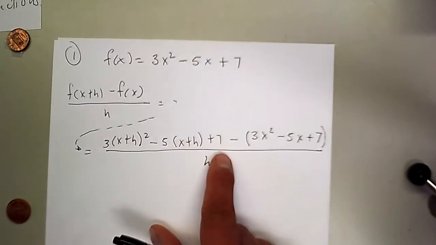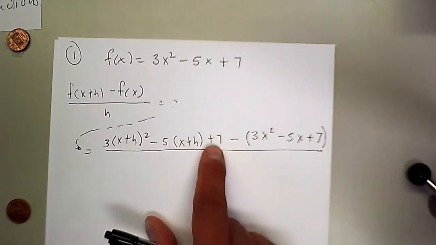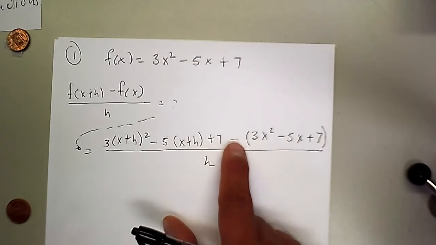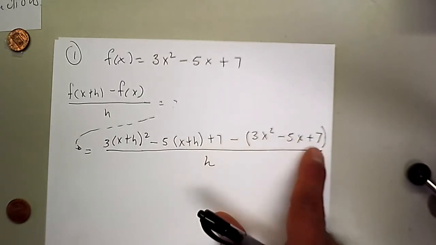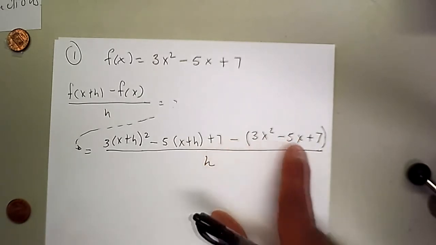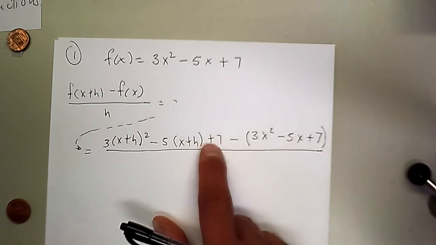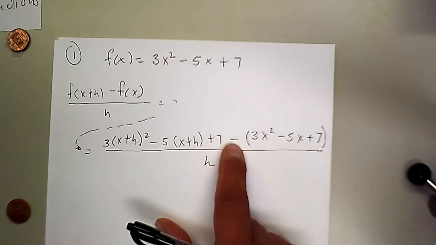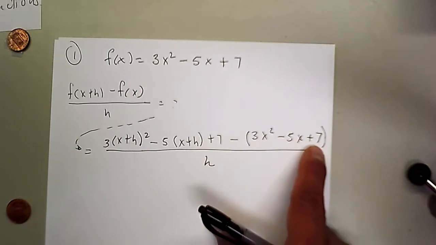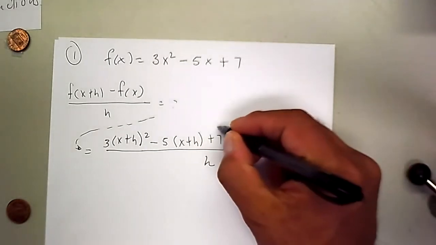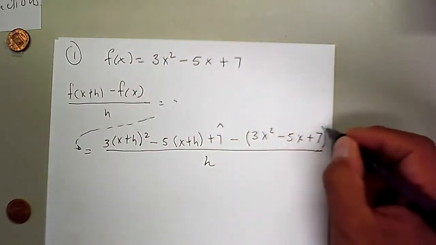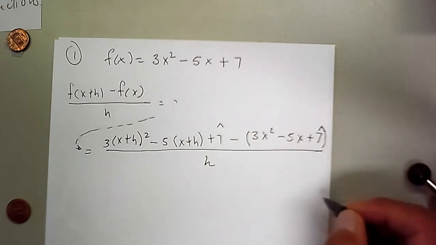Now, one thing we can notice right away is that we're going to add 7, and then we're going to subtract that other 7. So we can start simplifying this a little bit. I'm going to put a hat instead of crossing it off so that we can tell what we did.